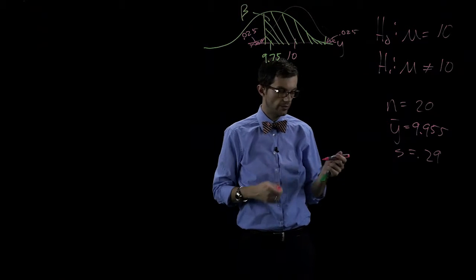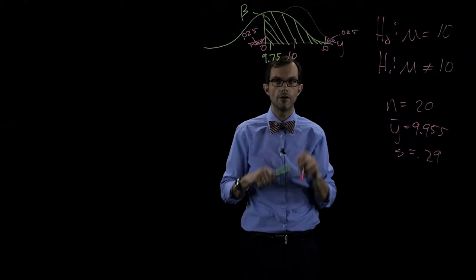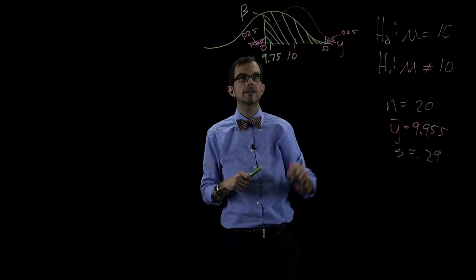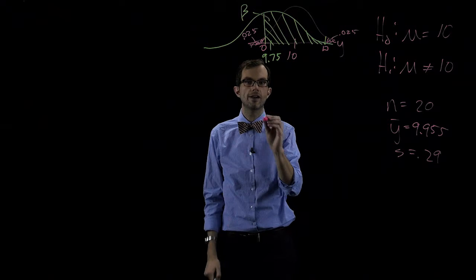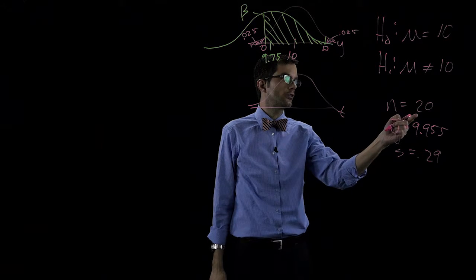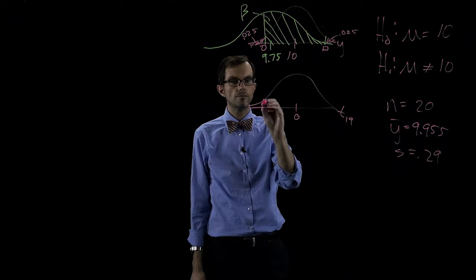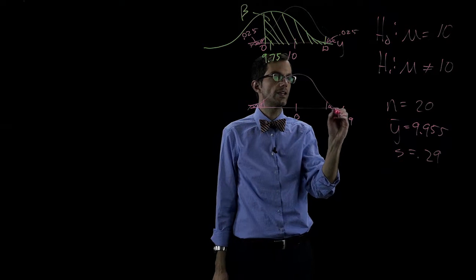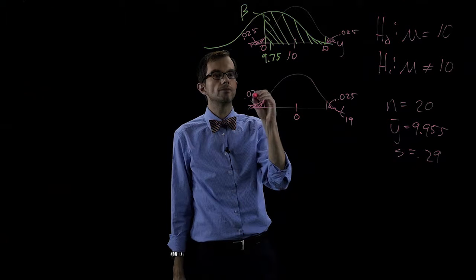So we need to find what? These critical values that lie on the y-axis. So we're taking the critical values from the t space and putting them in the y space. Okay? So here is t, degrees of freedom, 20 minus 1. And we want to find these values of t from the t table associated with 0.025 in each tail.